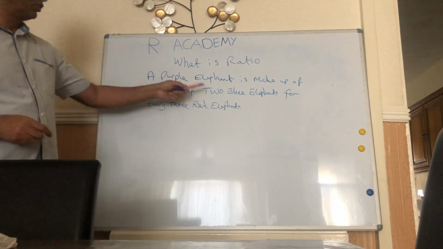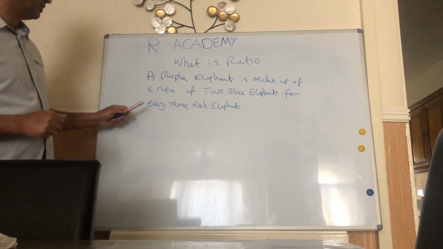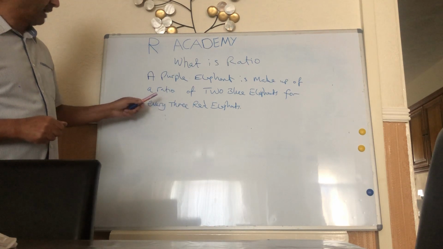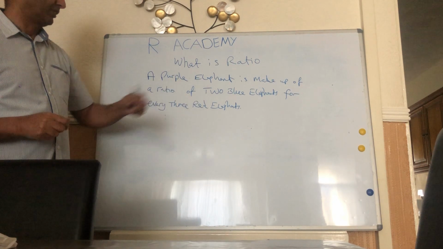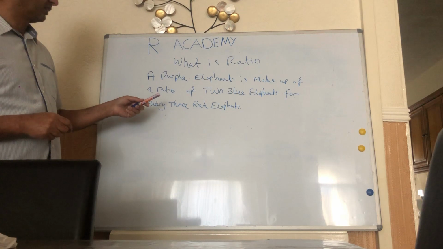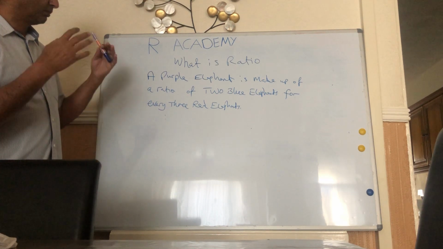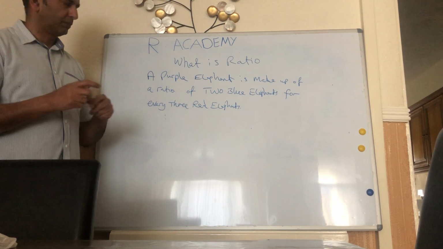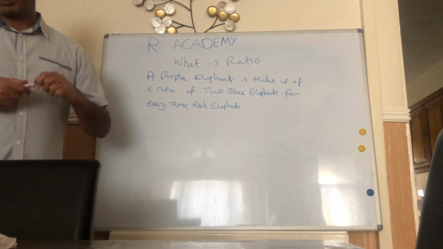So basically 2 blue elephants for every 3 red elephants will make 1 bigger purple elephant. So that's your ratio.